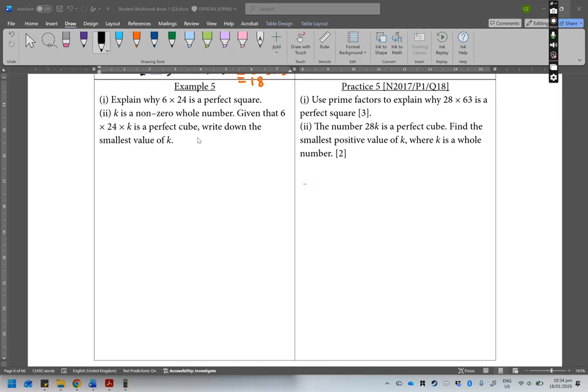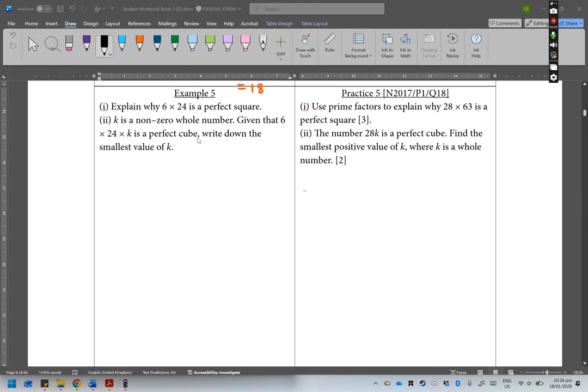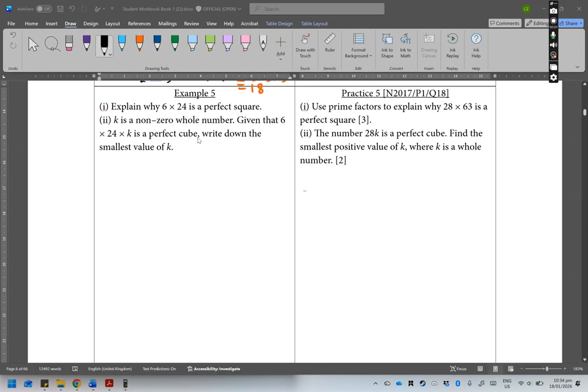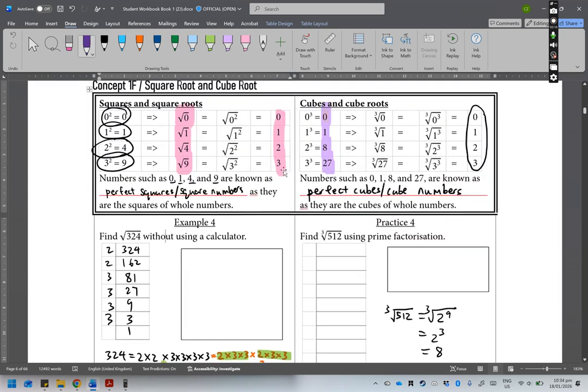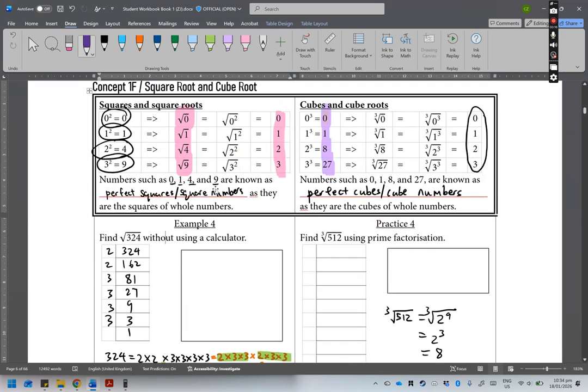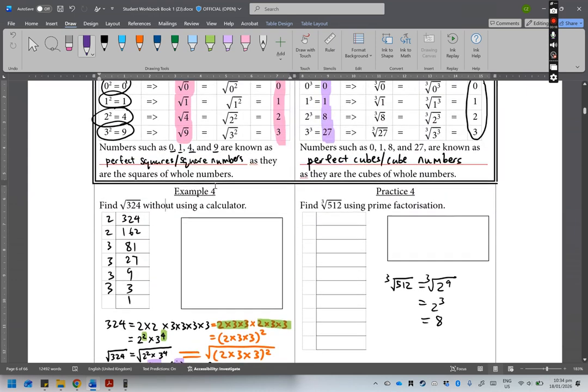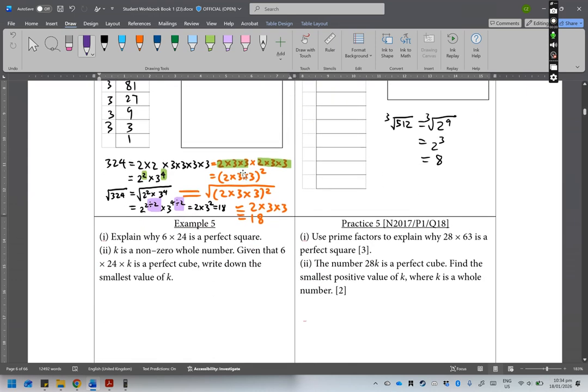Example 5. In part 1, explain why 6 times 24 is a perfect square. Building on the previous part, perfect square means that the number is square rootable.